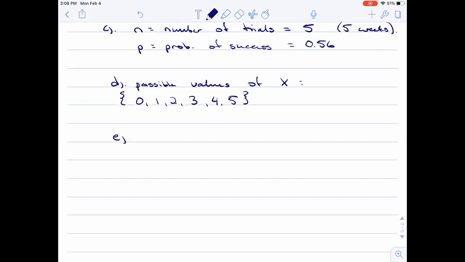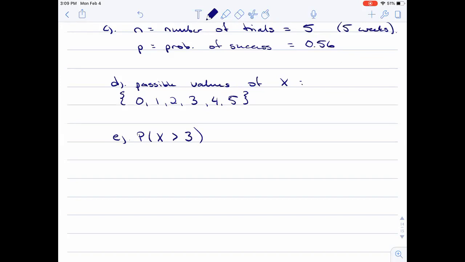What's the probability of the index increasing in more than 3, not including 3 of the weeks? So what's the probability that X is greater than 3 is essentially what we're asking. Well, if it has to rise in more than 3 of the weeks, not including 3, that's either 4 weeks or 5 weeks.